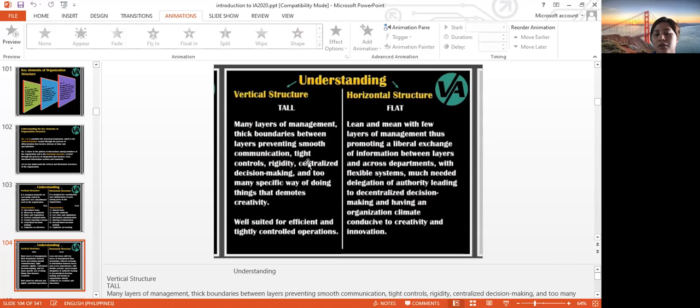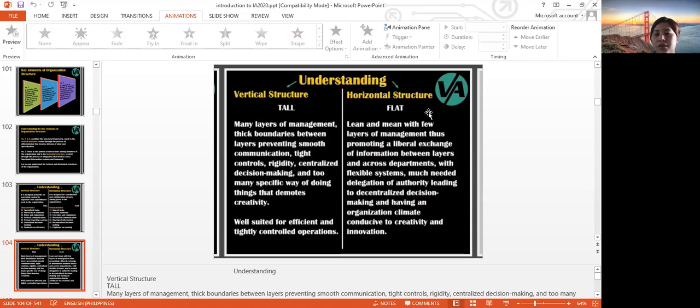It depends on different circumstances. For example, if the organization needs to create a product whose quality should be uniform, this vertical structure is very helpful.